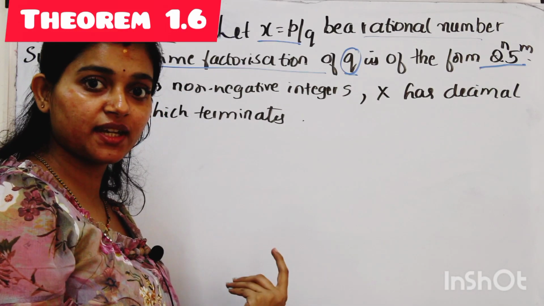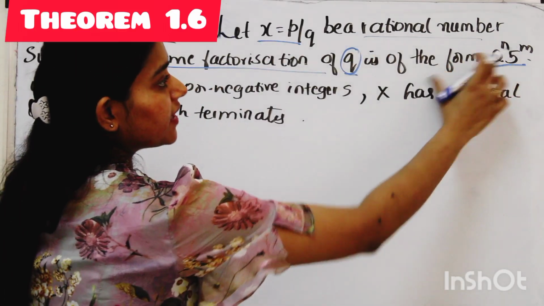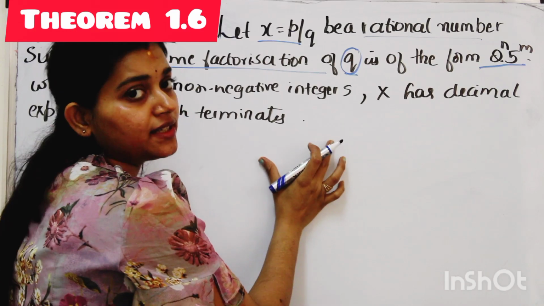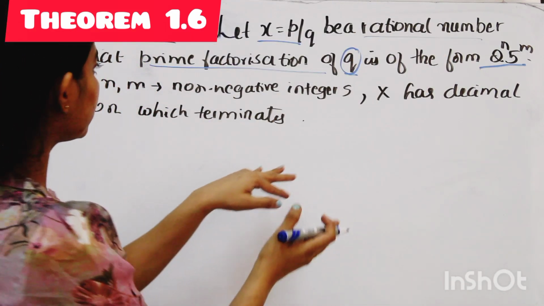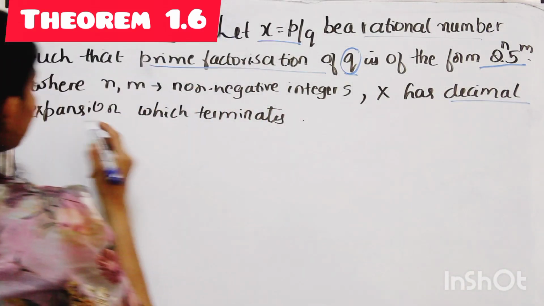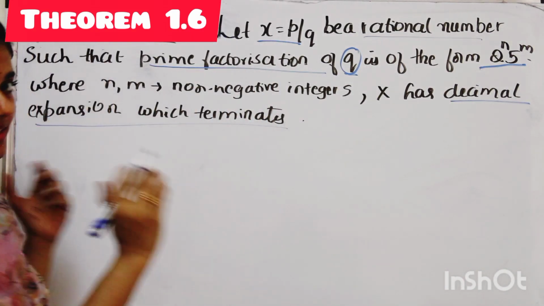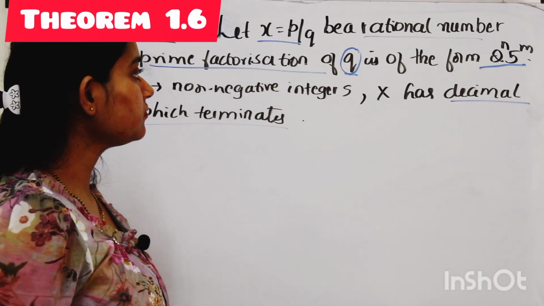This is the same theorem, the statement is the same, but earlier it was given in the last set, and here it is given in the first set. Earlier they gave x as a decimal expansion that terminates, but now they give it vice versa.